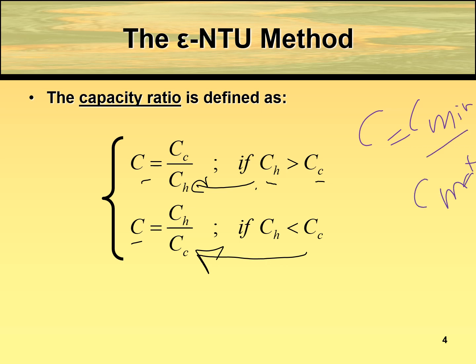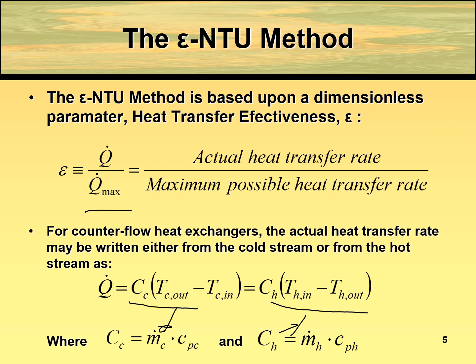C minimum, you have to evaluate between the hot flow and cold flow. The higher heat capacity will become C maximum, and the smaller heat capacity will become C minimum. This is the equation for the effectiveness, which is given by the actual rate of heat transfer divided by the maximum possible heat transfer.